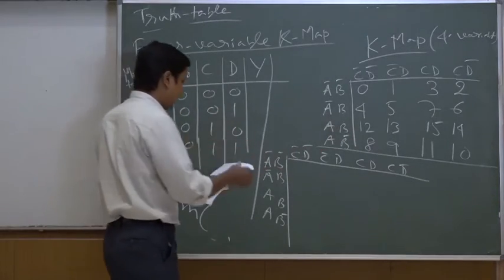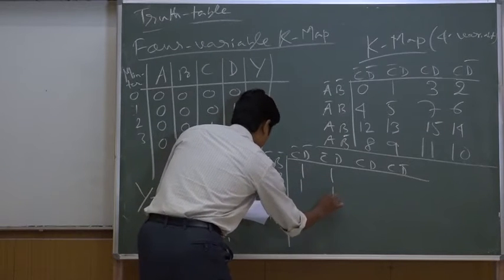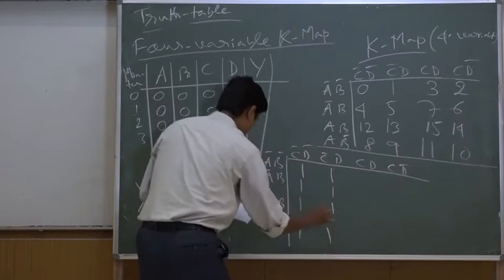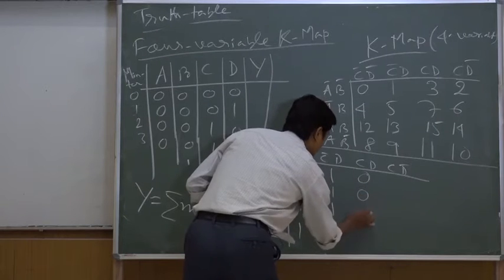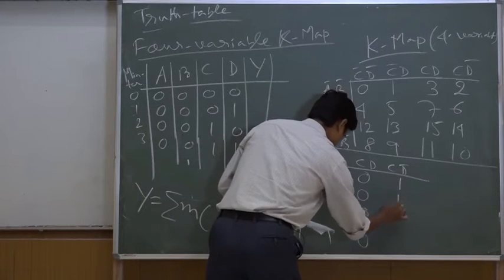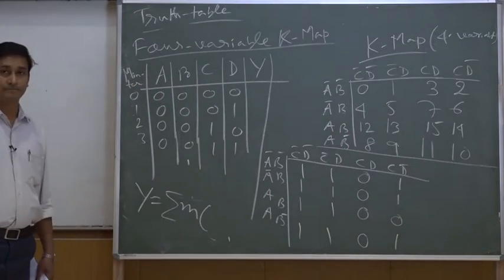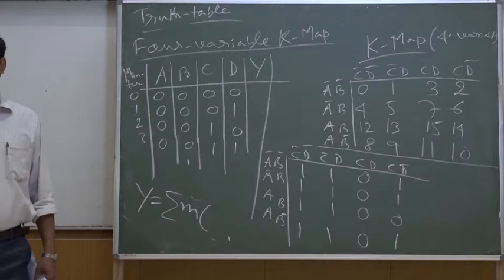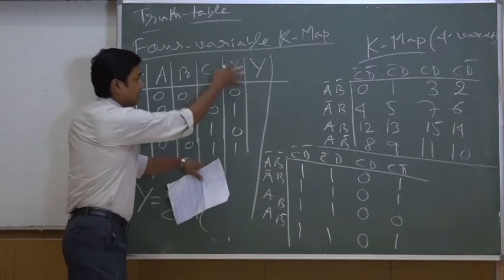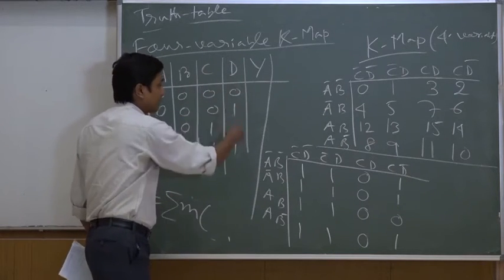Let me take this Karnaugh map. 1, all 0, 1. So, this is the Karnaugh map given to me. Do I need anything else from this now? For this they are saying one y is required.